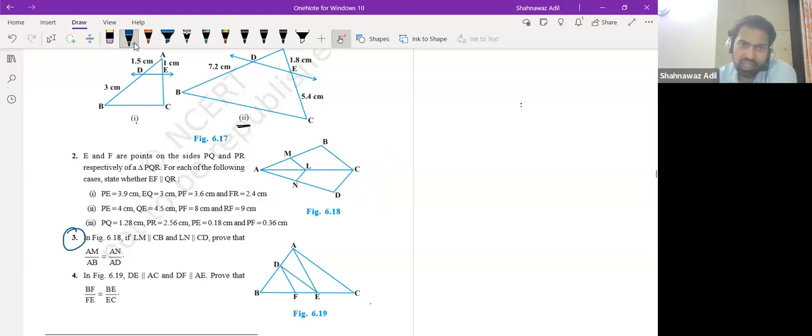Okay. So then the idea is that we have to take the triangle to use BPT. We have to choose some triangles first, right?